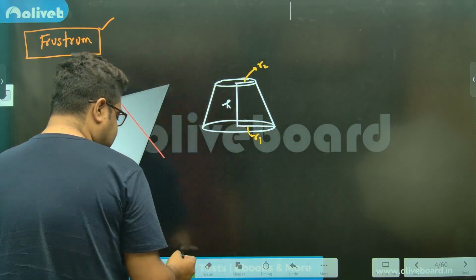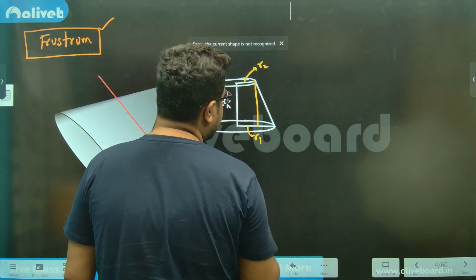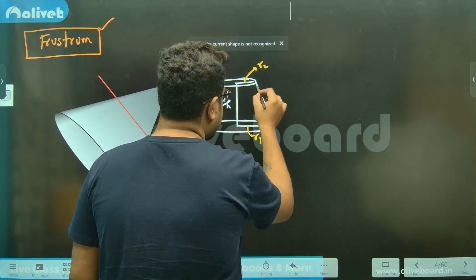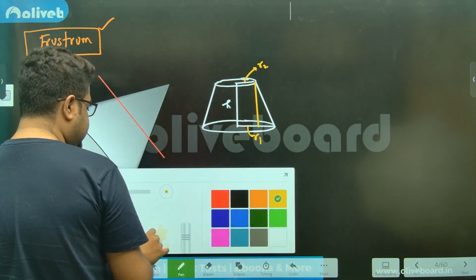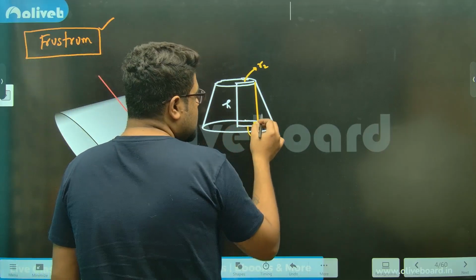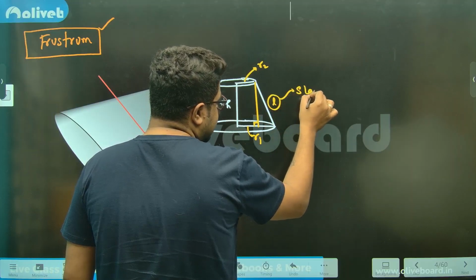Now, if I drop this perpendicular, this is called L, the slant height.